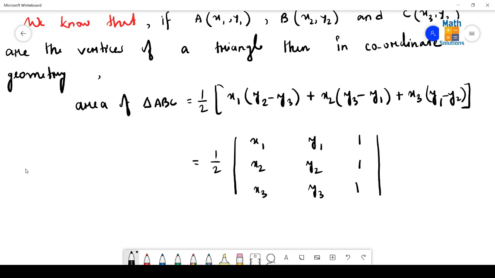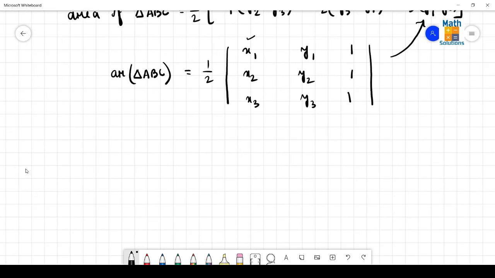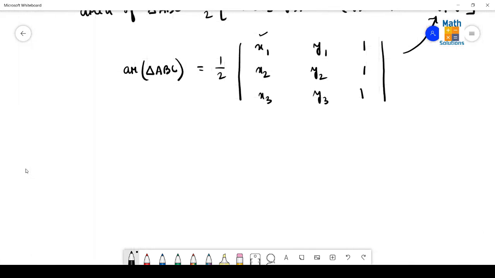Now if we expand this determinant along the first column, then we can obtain this result. So in determinant form, area of triangle ABC is given like this. But while finding out area of a triangle using determinant, the following three things will have to be taken into consideration. This is a note here.